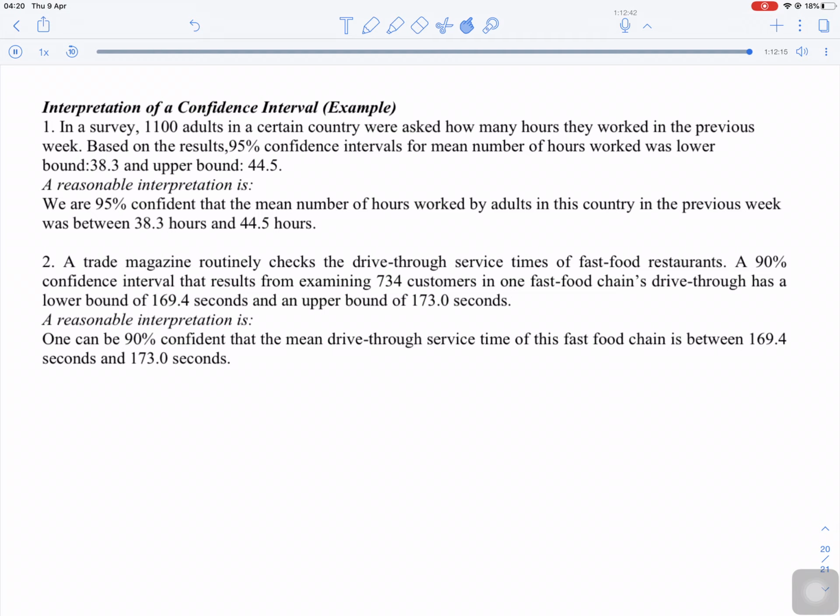So an interpretation will be that one can be 90% confident that the mean drive-through service time of this fast food chain is between 169.4 seconds and 173 seconds.